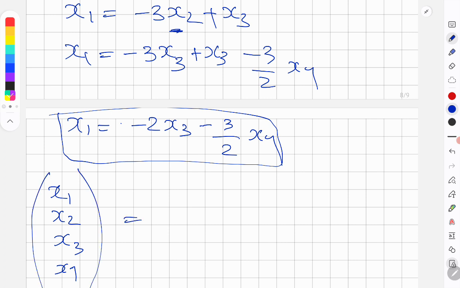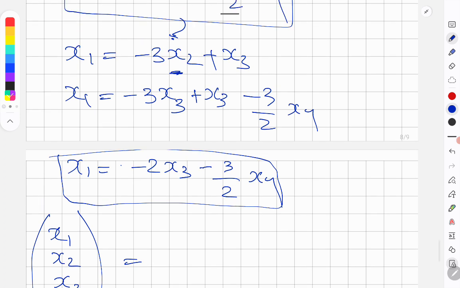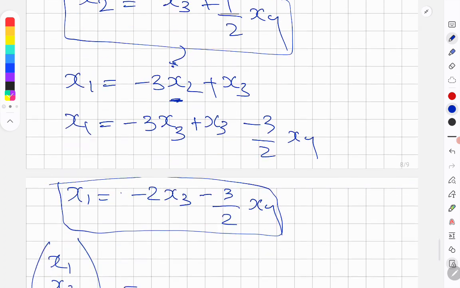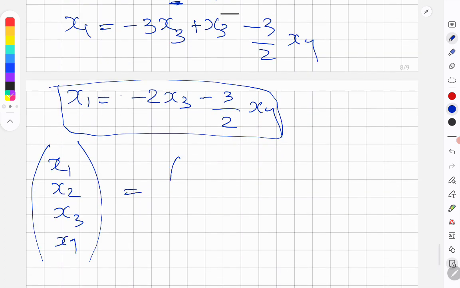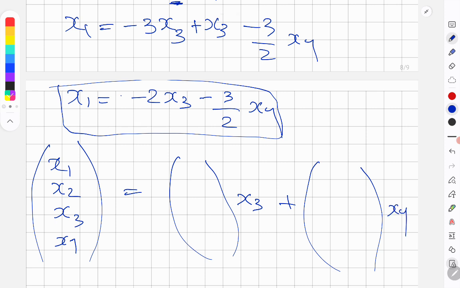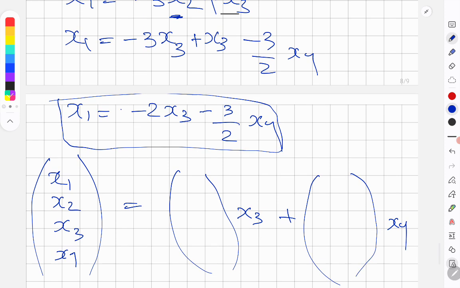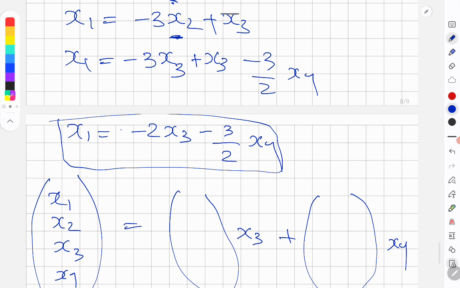There are two free variables, and there is no constant term. It's a homogeneous equation. So the first free variable is x3. Just to be clear, you want a combination between x3 and x4, since they are free variables. So I can write here minus 2.